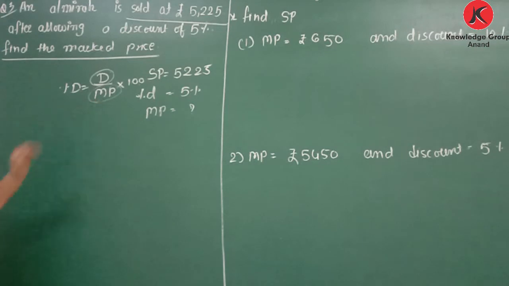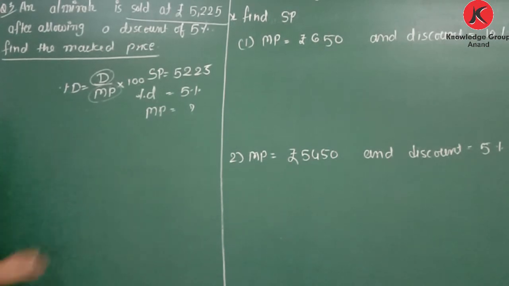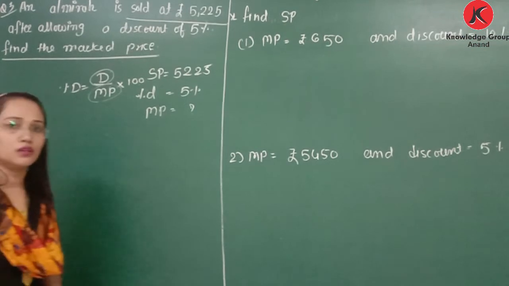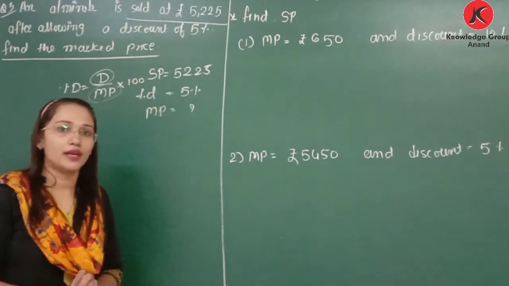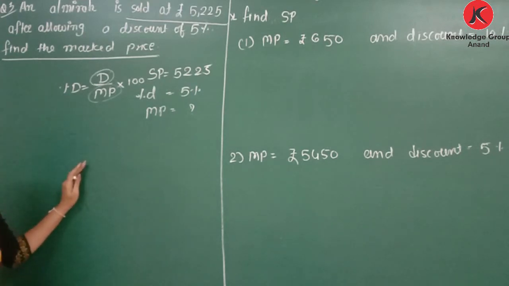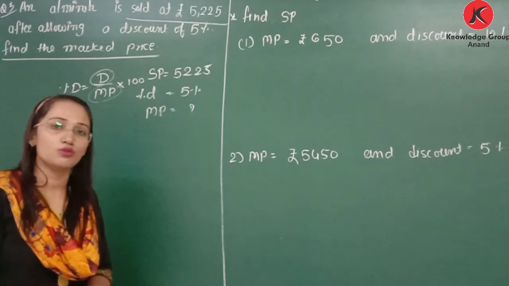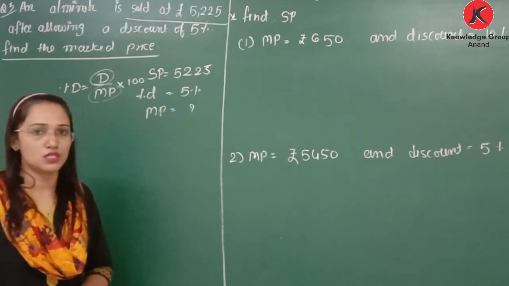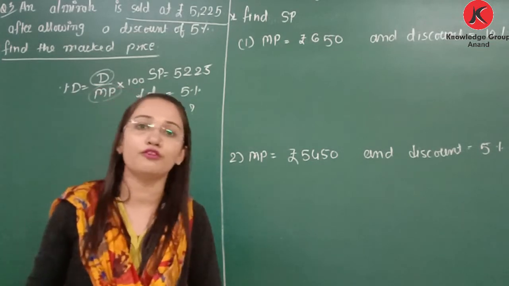So instead of using this equation we can use the method in which we assume the mark price to start from 100, as we learned in a previous standard in profit and loss, which uses cost price, and we use cost price as 100 whenever percentage is given. Why? Because percentage is always calculated from 100.